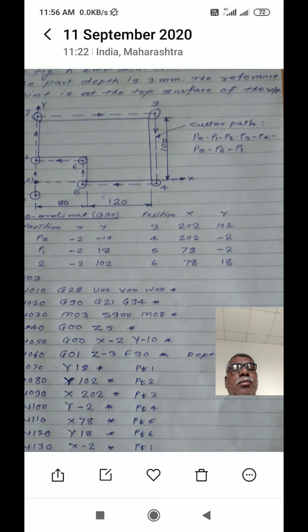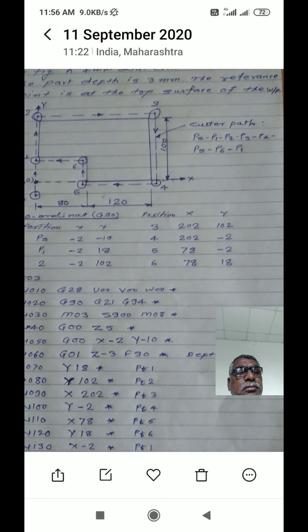Then coordinates of the point 2 as shown in figure. Lower end of the cutter, that is periphery of the cutter, touches to the corner of the workpiece. Means as considering the center of cutter, you have to add the radius of the cutter into basic dimensions of the job.